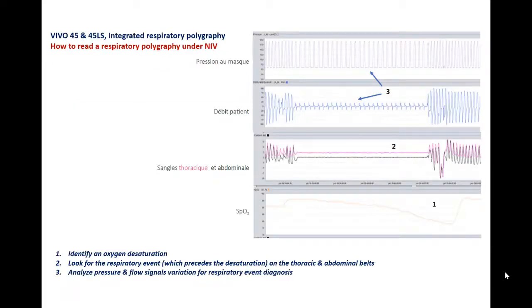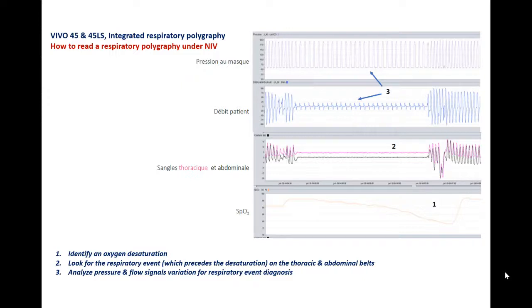As I told you, reading polygraphy under non-invasive ventilation needs to respect three major steps. It is always the same procedure, and this is very, very important. Do not do differently. You have to respect those three steps.